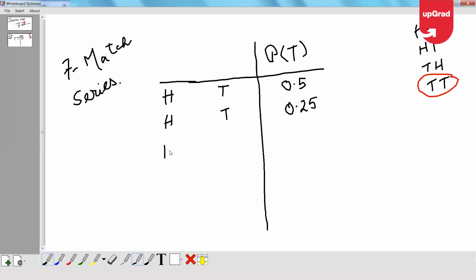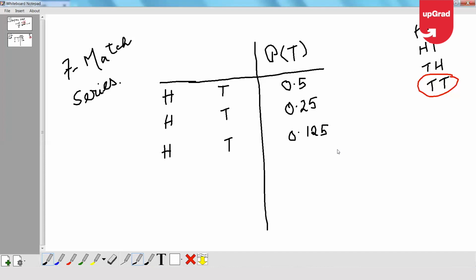Third match, you again go. You again call heads, and you get tails. Now the chances of getting three consecutive tails is 0.125. If you just see the trend, it's getting halved every time.